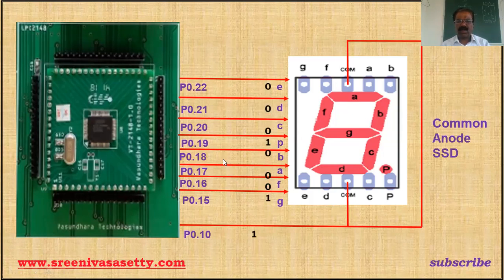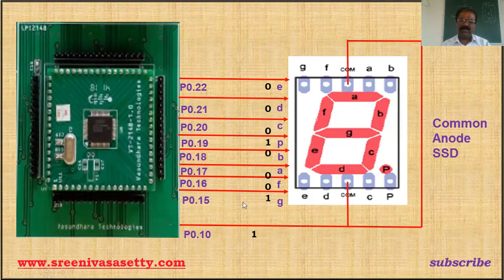In the last video I explained, if you want to display anything from 0 to 9 or A through F with appropriate delay, step number 1 is we have to make the anode high. If you want to make any segment on, anode potential must be greater than cathode potential. We are using common anode, so first we have to make it high using this pin called P0.10. It's port 0.